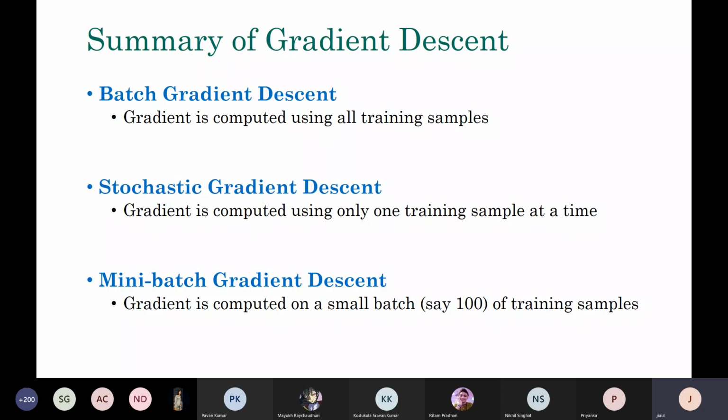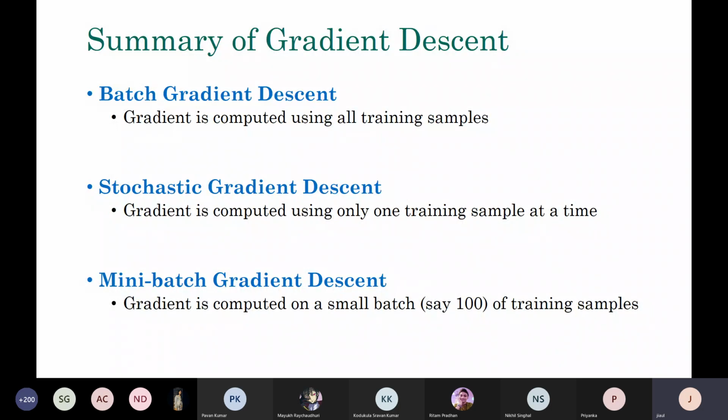To summarize: in batch gradient descent, the direction of movement, which is the gradient, is computed using all training samples. In stochastic gradient descent, you use only one training sample to guide your direction. In mini batch gradient descent, you use a small batch of samples to guide your direction.